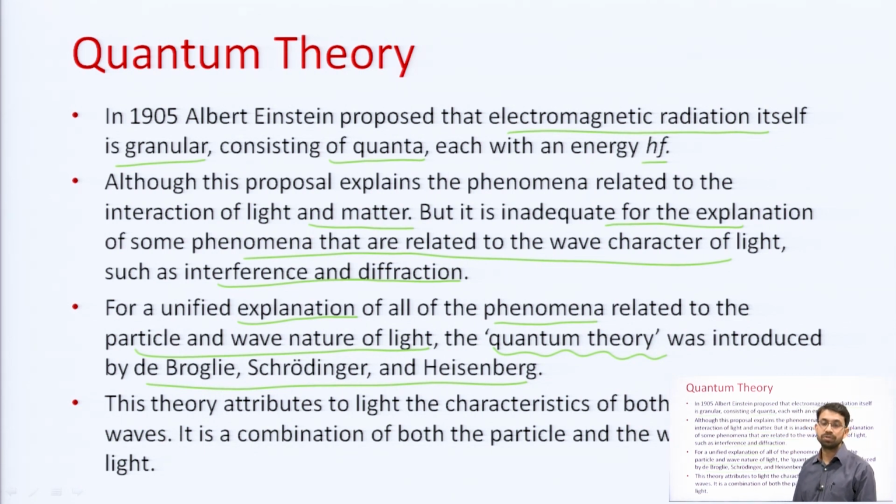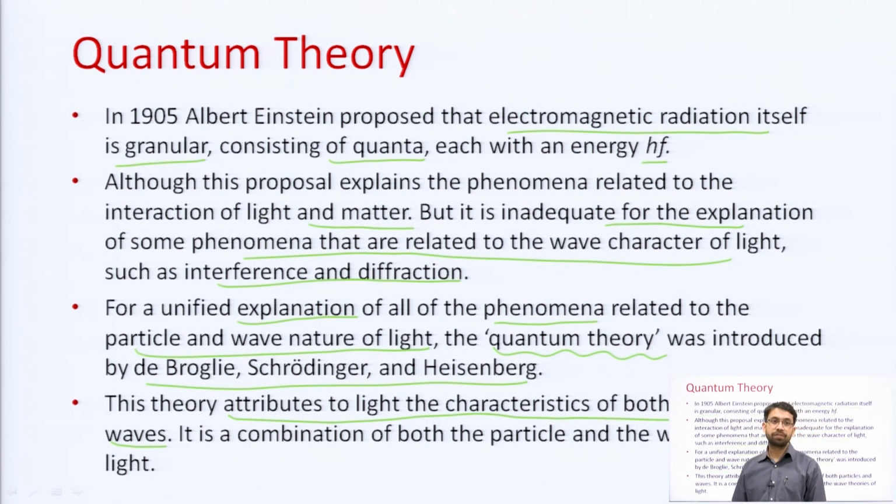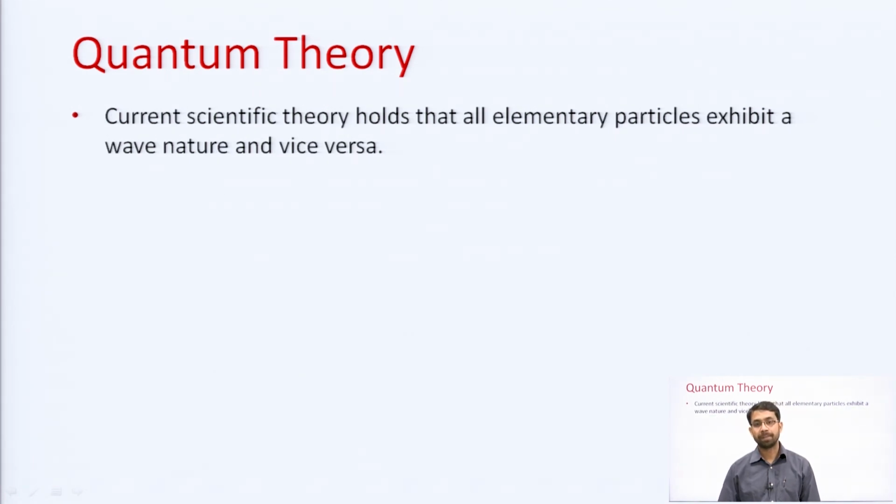Quantum theory was not actually proposed by Einstein and Planck; it is based on their research, but it was proposed by de Broglie, Schrödinger, and Heisenberg. This theory attributes to light the characteristics of both particles and waves. It is a combination of both particle and wave theory of light. That is why it is called the dual nature of light.